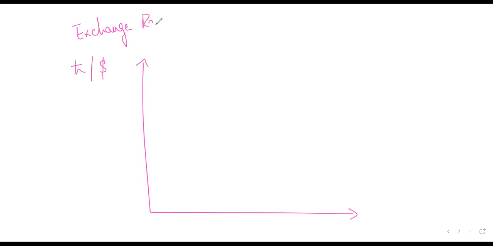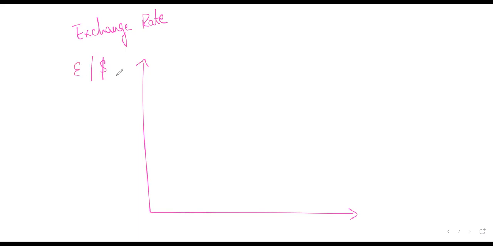So if we are looking at the exchange rate of dollars, then that would be measured in terms of any other currency. What other currency? That could be pounds, euros, or any other thing, right? So instead of this, I could have written anything. Since we're looking at dollars, the second currency would always be dollars, but the first currency could be anything.